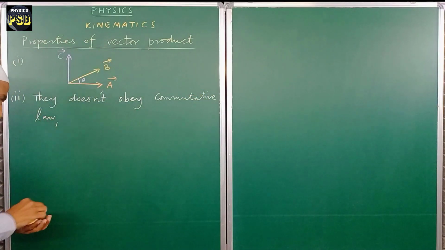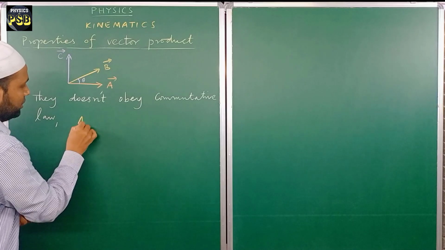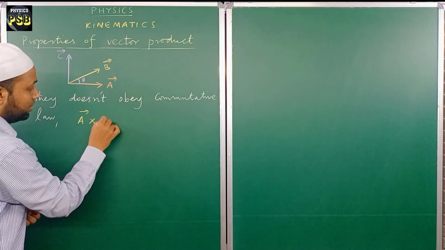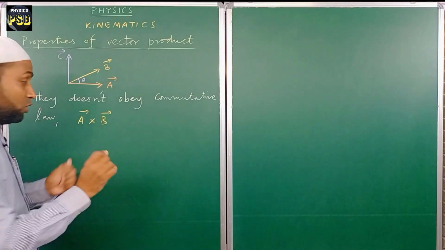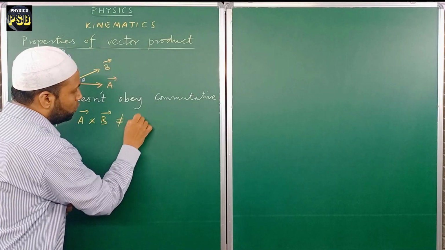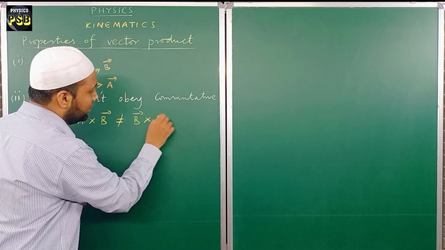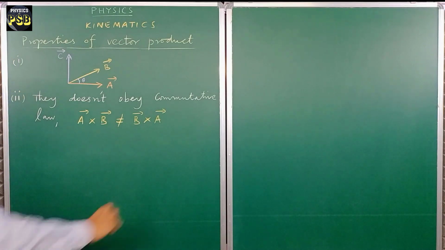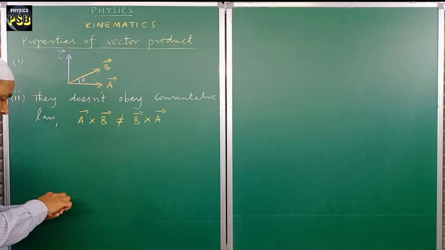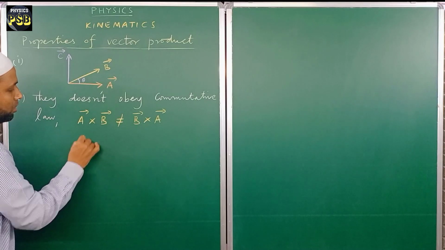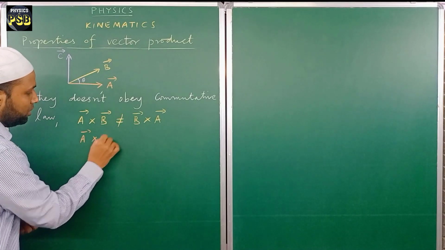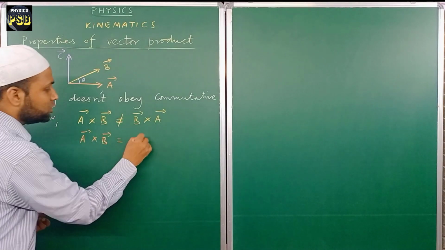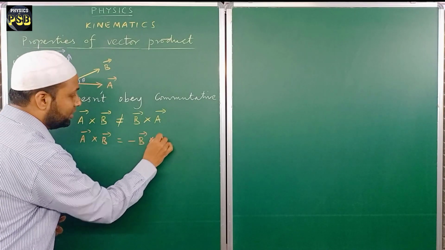What is this commutative law? Suppose I have vector A cross vector B, then it will not be equal to vector B cross vector A. Clear? Whereas vector A cross vector B will be equal to minus of vector B cross vector A.